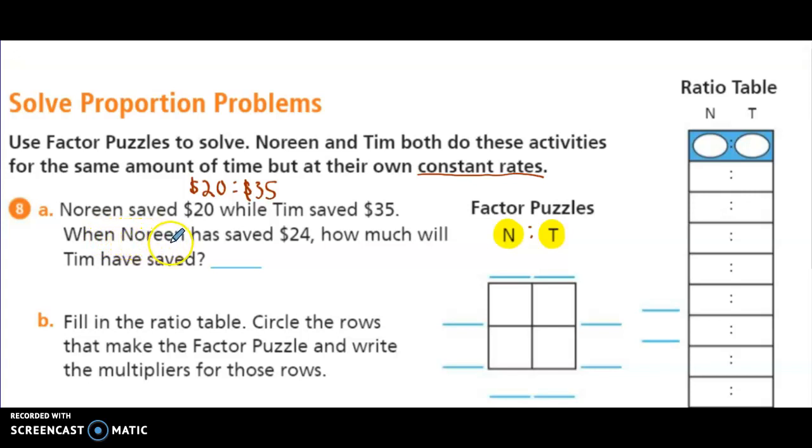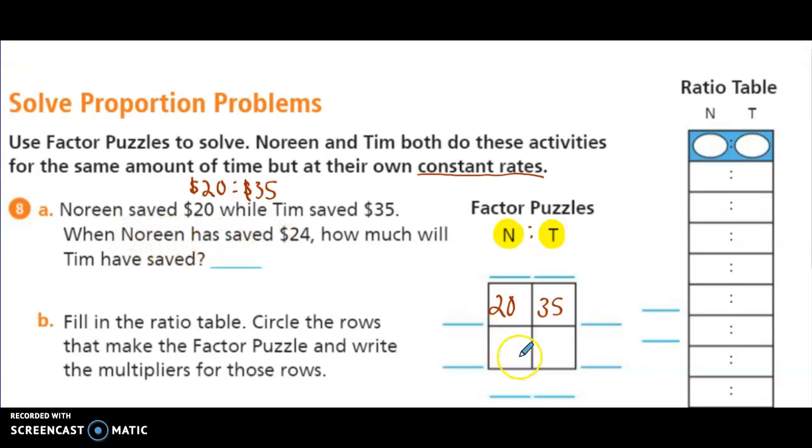So the question then is, if Noreen has saved $24, can we use this rate of information to figure out how much Tim will have when Noreen has saved 24? So putting in the information here, when Noreen has $20, Tim has 35. Noreen to Tim.